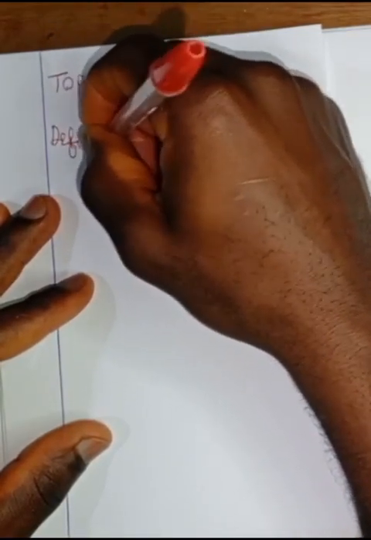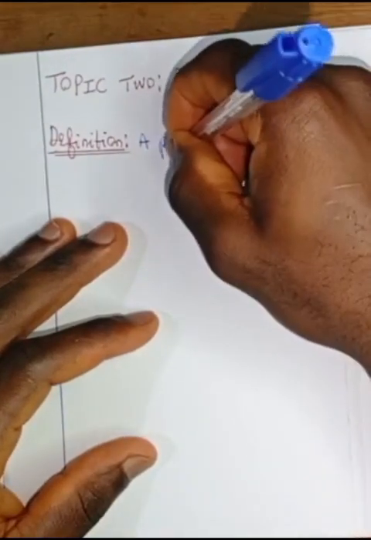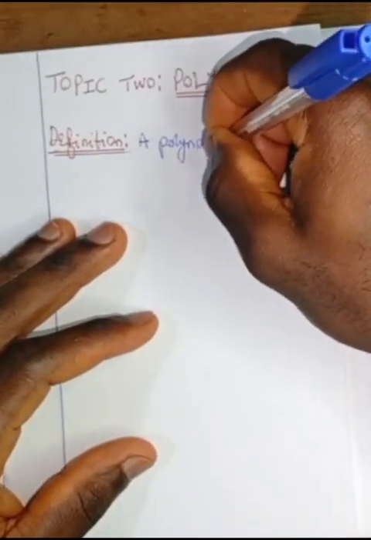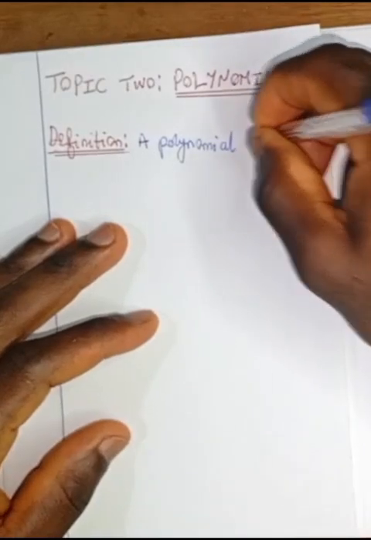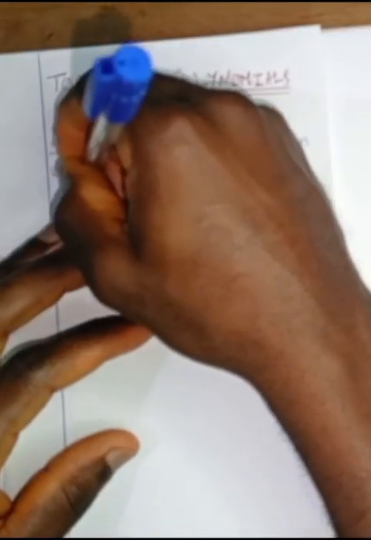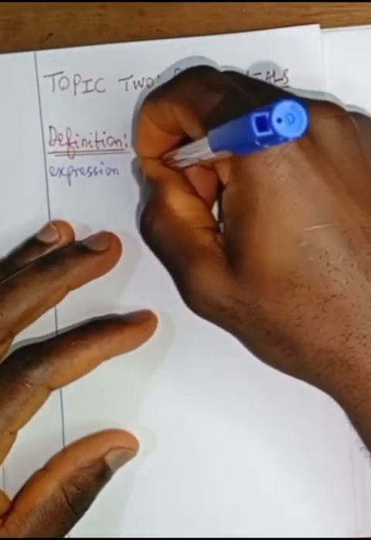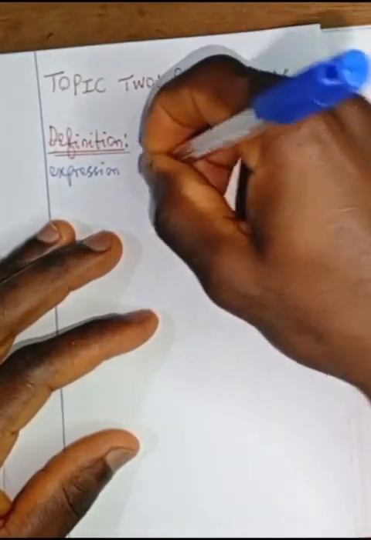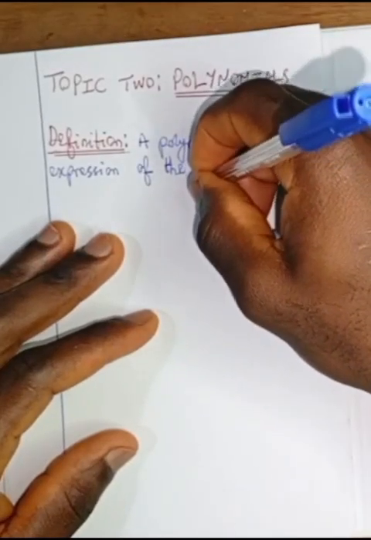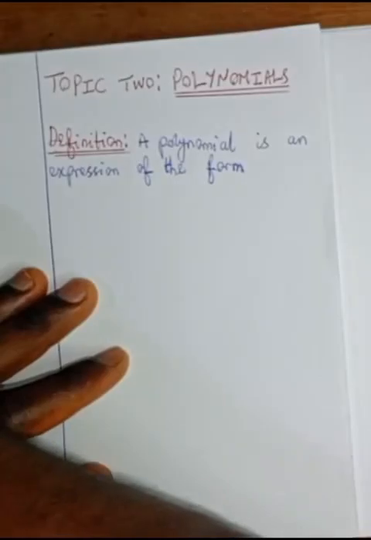Definition. A polynomial is an expression of the form. We're going to write this down in red pen.